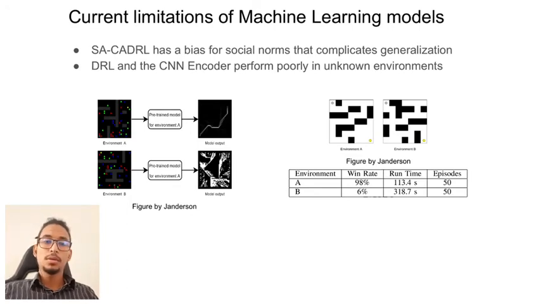So we found a behavior similar to the DRL and the other mentioned works. They only work well in known environments, and we can see in this table that the model trained on environment A didn't get a good win rate on environment B.